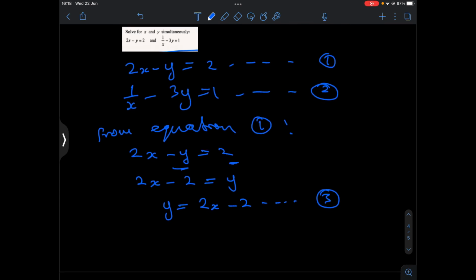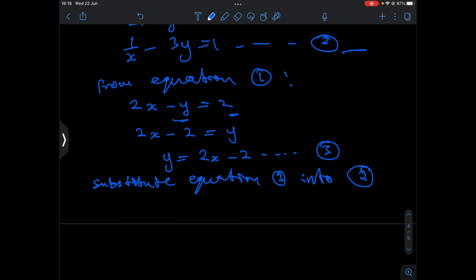So now what we're going to do is substitute equation 3 into equation 2. We've already used equation 1, so we are done with it. So now we need to use equation 2. So let us see what happens when we substitute that.